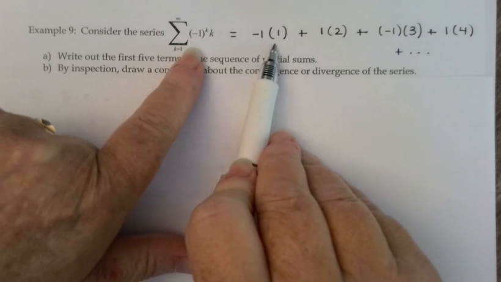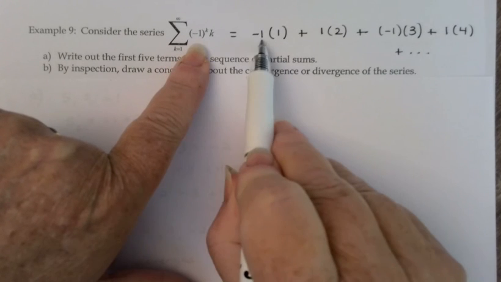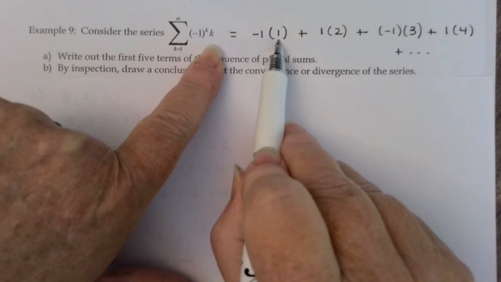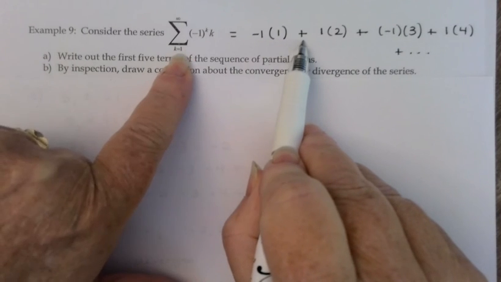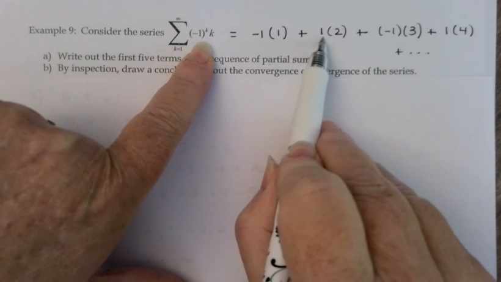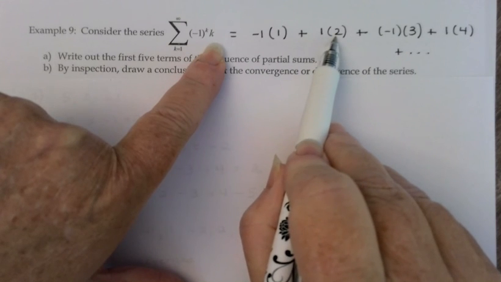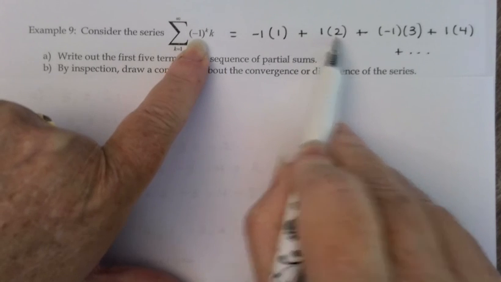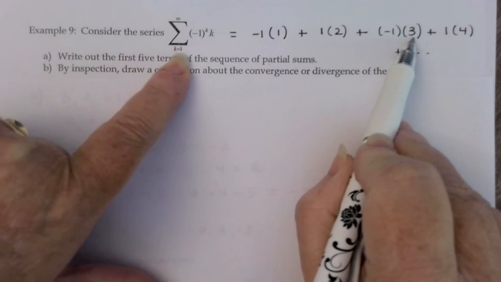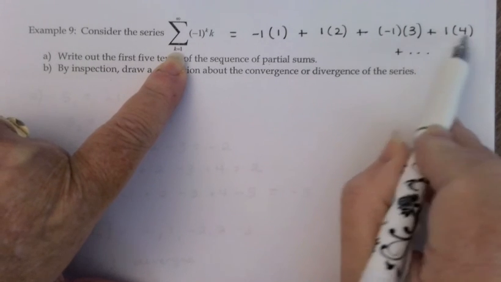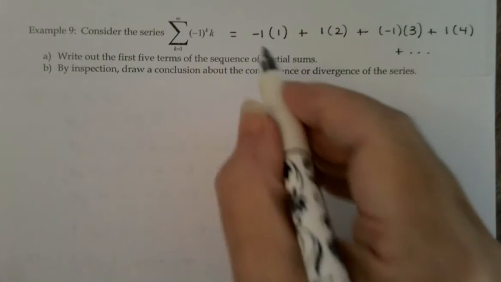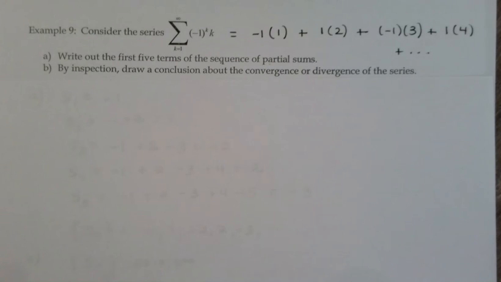When k is 1, -1 to the first is -1 times the k value 1, plus when k is 2, -1 squared would be a +1 times our k value of 2. For k equals 3, it becomes negative again, times the 3. For k is 4, it's positive again, times the 4, and so on. You can see we get this alternating effect going on here.